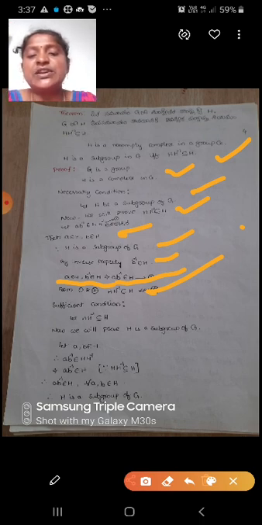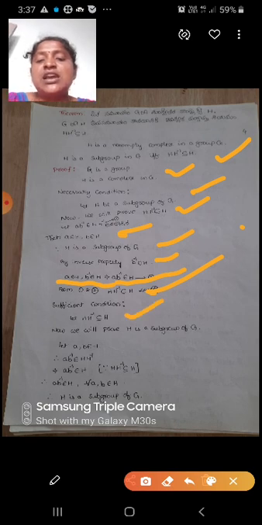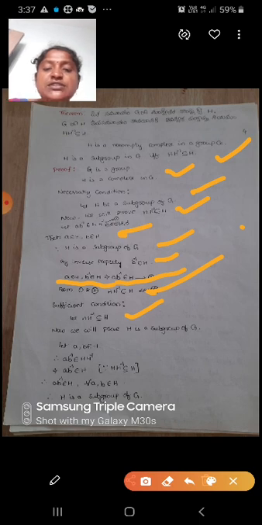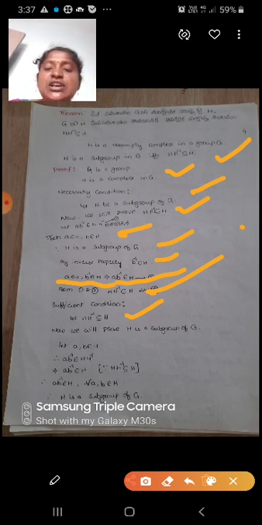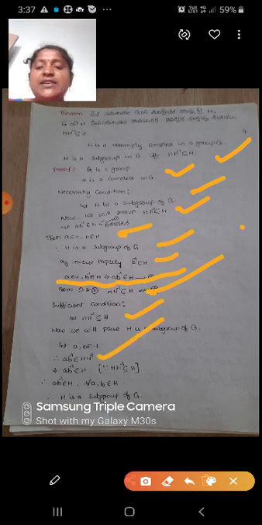Let H into H inverse be a subset of or equal to H. Now we will prove that H is a subgroup of G. So let A comma B belongs to H. Therefore AB inverse belongs to H into H inverse.